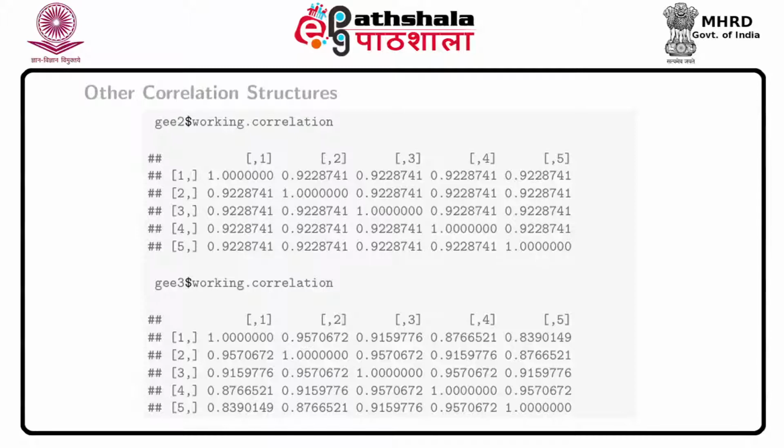So with every increase in time separation, between first and second is 0.95, between first and third is 0.91, between first and fourth is 0.87. So for a distance of 3 time points, 1, 2 and 3, we are getting 0.87. So that's how we get the estimate of the working correlation structure.